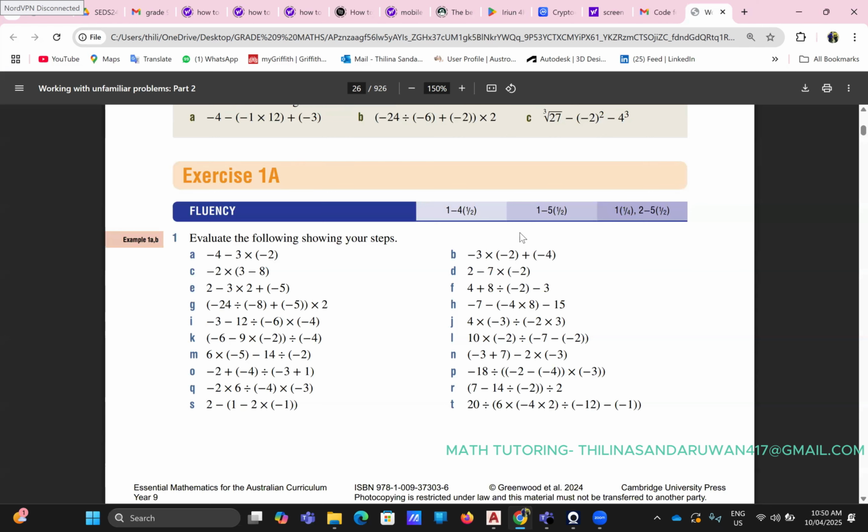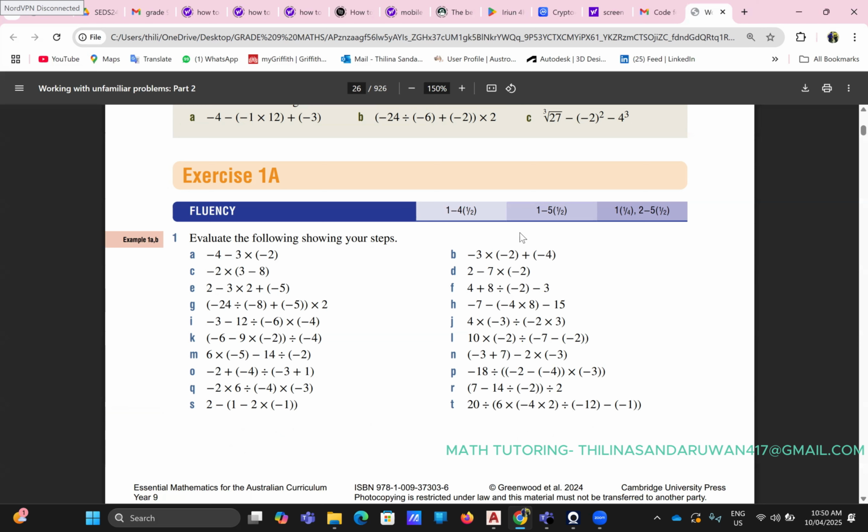So first I will take A because it is simple. Minus 4 minus 3 multiplied by minus 2. First you should see the multiplication because inside the brackets there is only one integer, so no need to give your attention to the brackets there. Then you should deal with these two numbers.